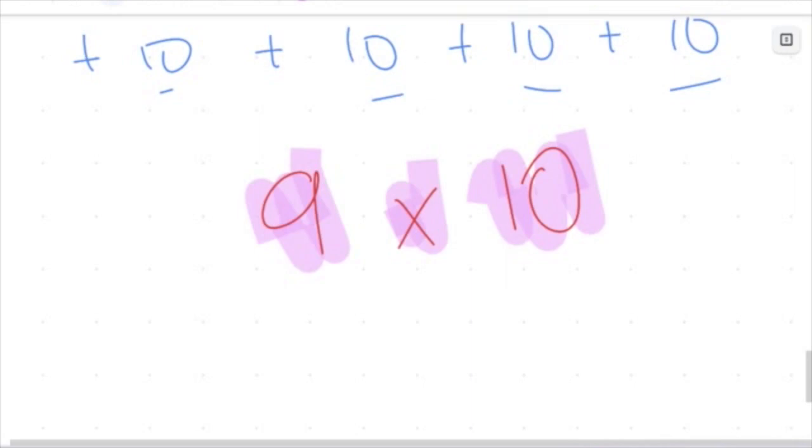And we're going to go through a few questions relating to this. And they're going to get a little bit harder, but this is what we mean by multiplying. We're taking groups of the same number. So 9 groupings of 10, well, 10 added 9 times gives us 90.